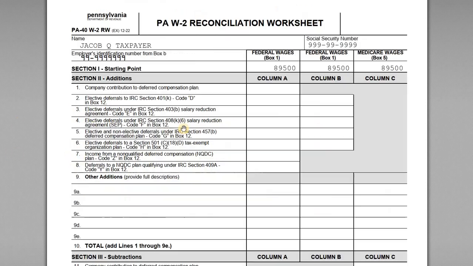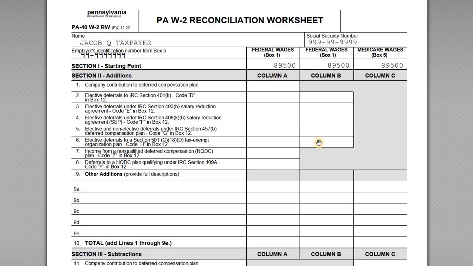Last thing to include, and this is a PA W-2 reconciliation worksheet. So a lot of taxpayers get a letter saying that they should have been completing this, and so we go ahead and include it anyway, even though you're a non-resident. So this W-2 reconciliation is required when your Medicare wages on your W-2, so your Box 5 wages, differ from the Pennsylvania wages reported on your W-2.